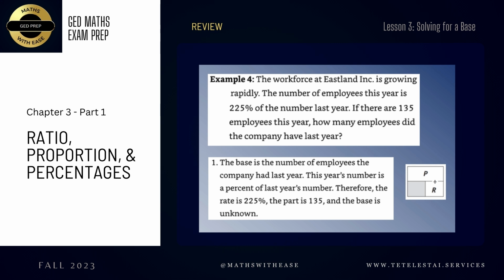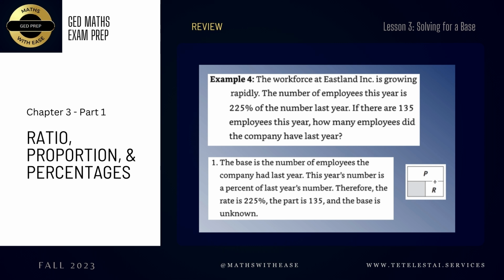Well, we know that the base is the number of employees that the company had last year. And this year's number is a percentage of last year's number. So the rate, which is 225%, is a part of 135.